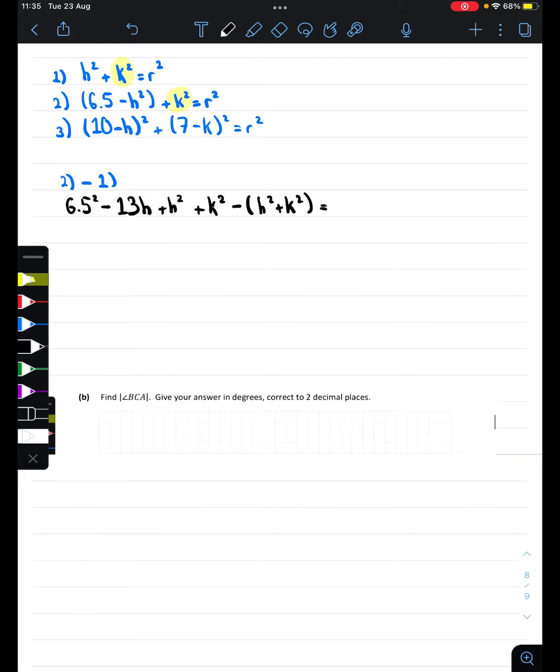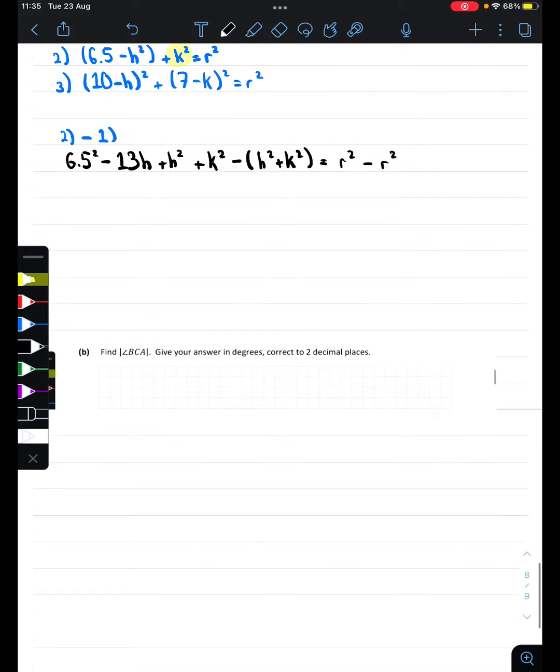And this will equal the right-hand side of equation 2, r squared, minus the right-hand side of equation 1. And we'll notice that lots of things here are going to cancel. The h squared will cancel, k squared will cancel, and the r squared will cancel.